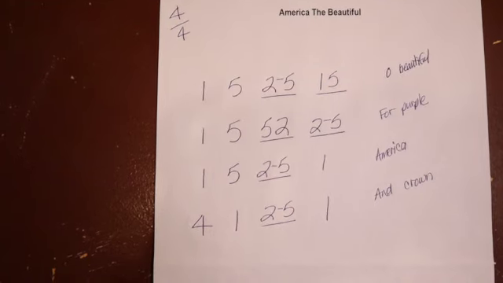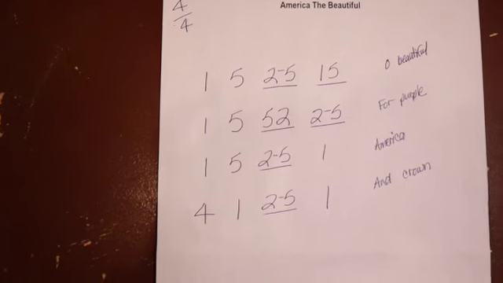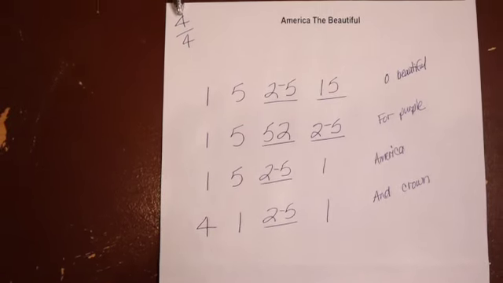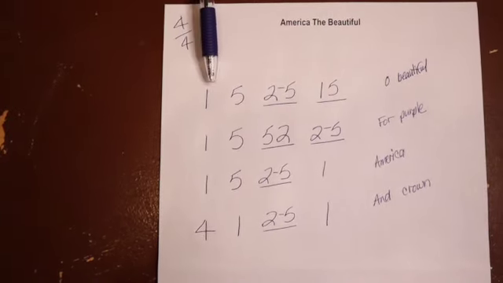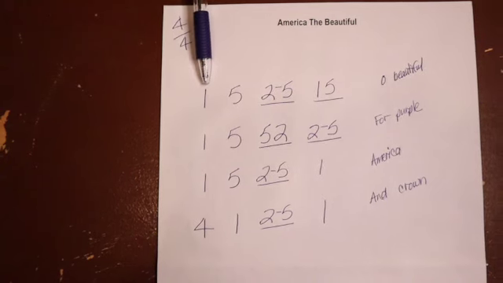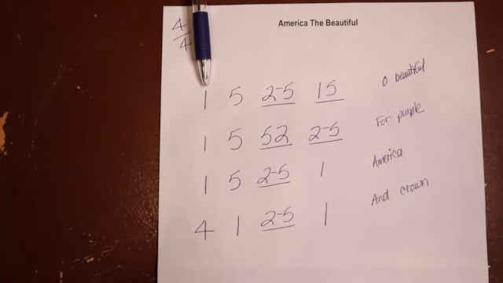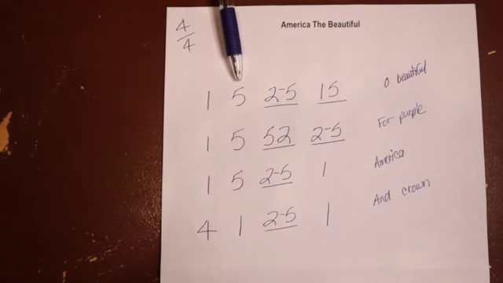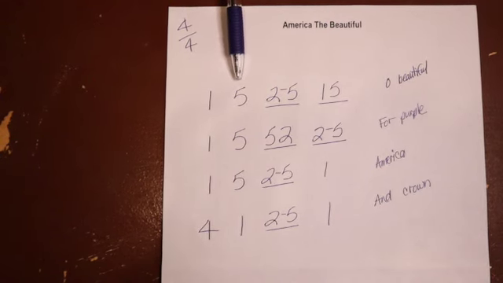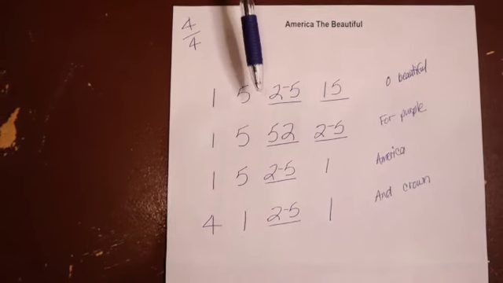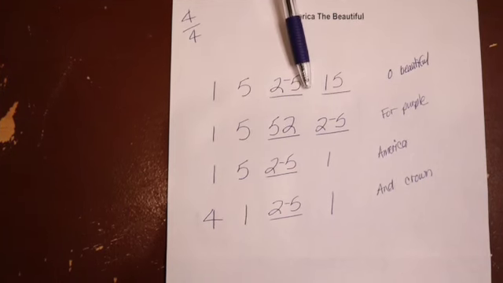If you look at this chart, and just as a review, it's in 4/4 time, which means that each measure gets 4 beats. So 1, 2, 3, 4, 1, 2, 3, 4. And if you remember from lesson 2, the line means that the bars split.